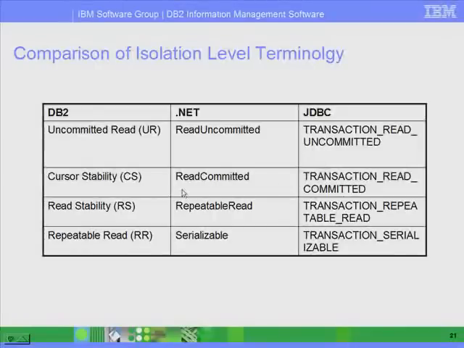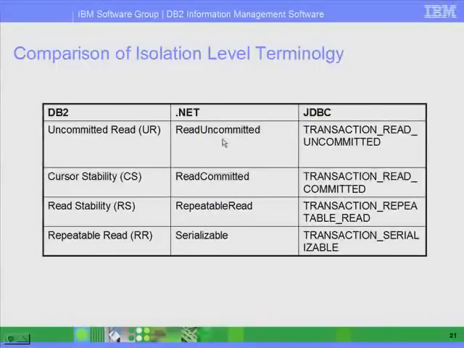When you set it to transaction read committed, it will be converted to cursor stability, and so on and so on. Something interesting here is that for JDBC, when you use transaction repeatable read, that doesn't translate to repeatable read in DB2, but to read stability. And when you use transaction serializable, then that one is what translates to repeatable read in DB2.